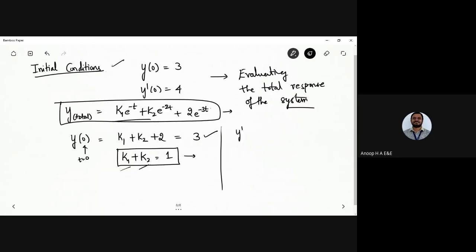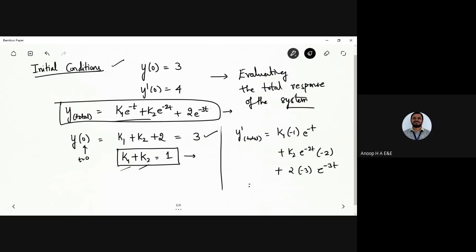So what do I do? Y dash, the total response, is k1 into minus 1 e power minus t plus k2 e power minus 2t into minus 2 plus 2 into minus 3 e power minus 3t.